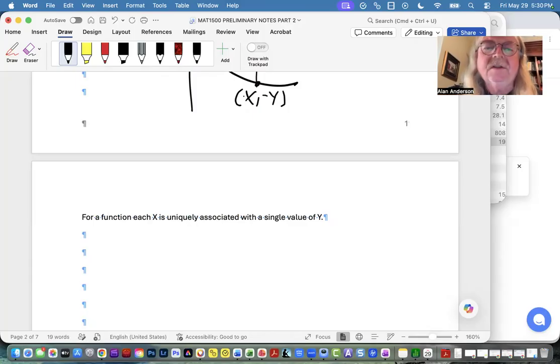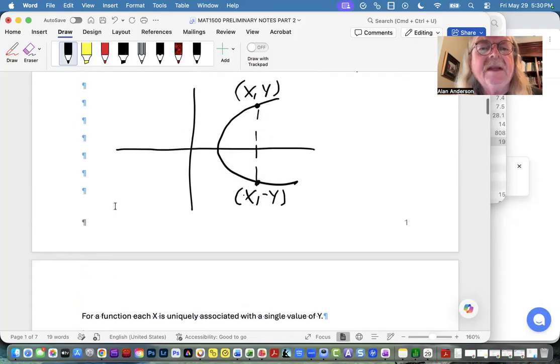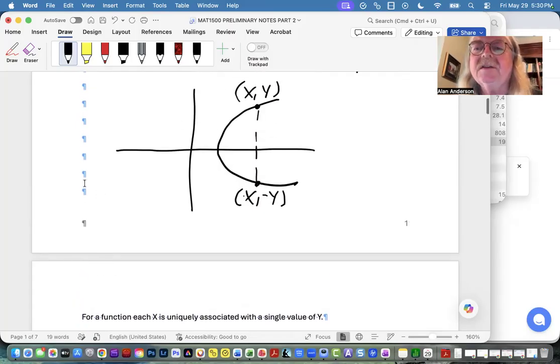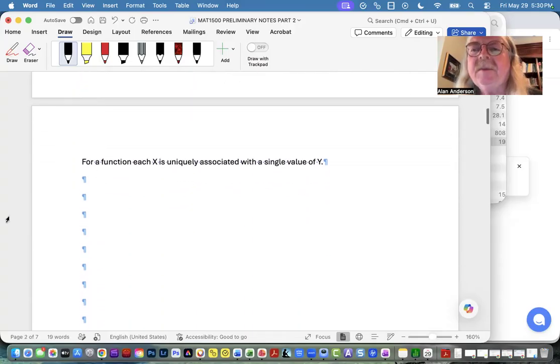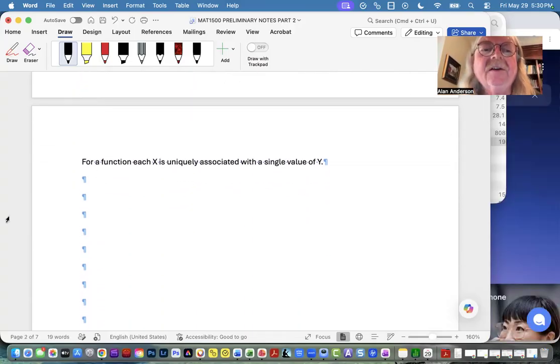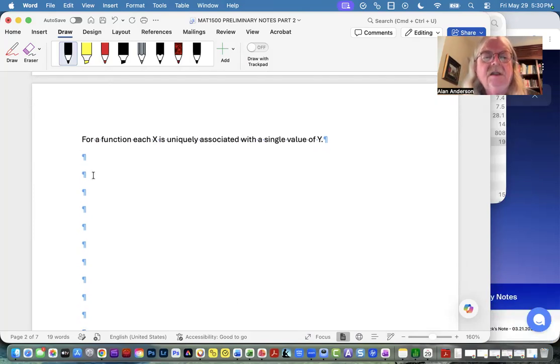Okay, so in other words, what we have here is a case where that's not true because for x, we have two different y's, y and negative y.